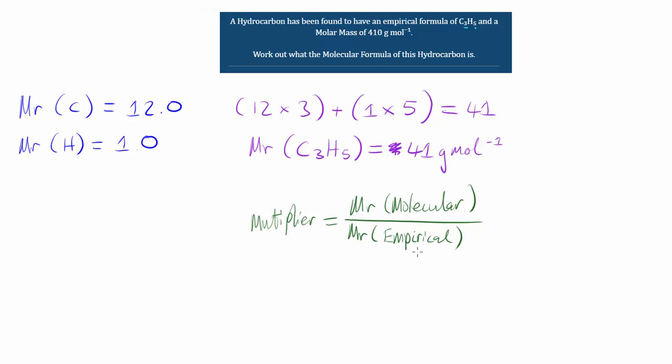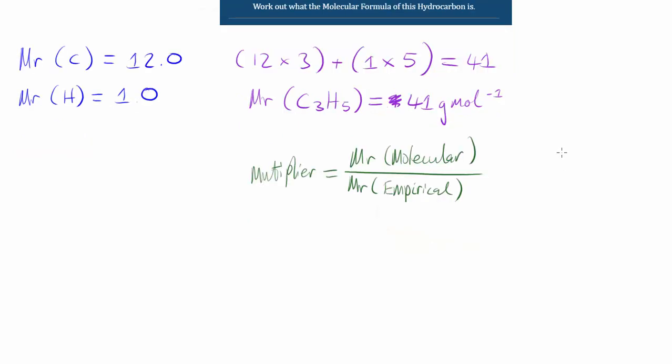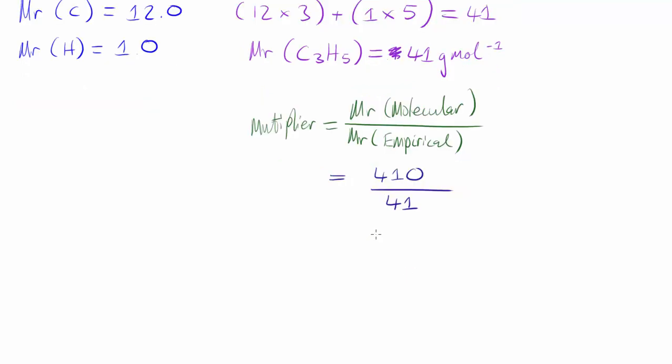If we work that out, we're going to get 410 divided by 41. And as I said, based on visual inspection, you can work out what that is. But if you do need to use a calculator, which you probably don't, you get 10. So our multiplier in this case is 10.